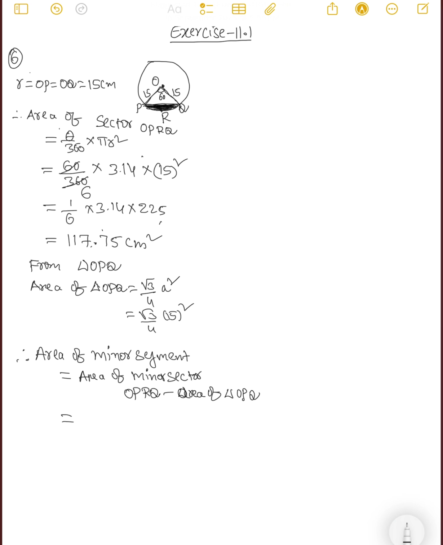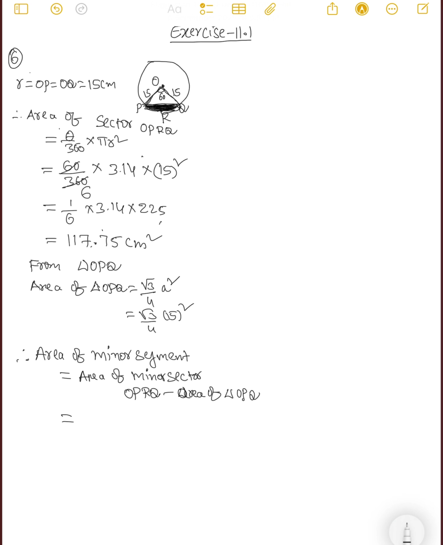We observe this is the minor sector OPRQ minus area of triangle OPQ. We get this highlighted region, this is the area of the minor segment.